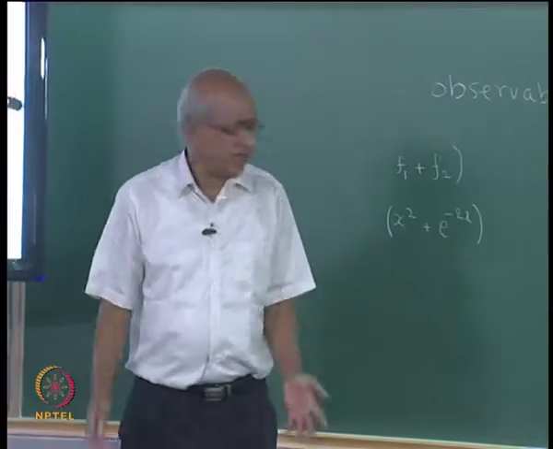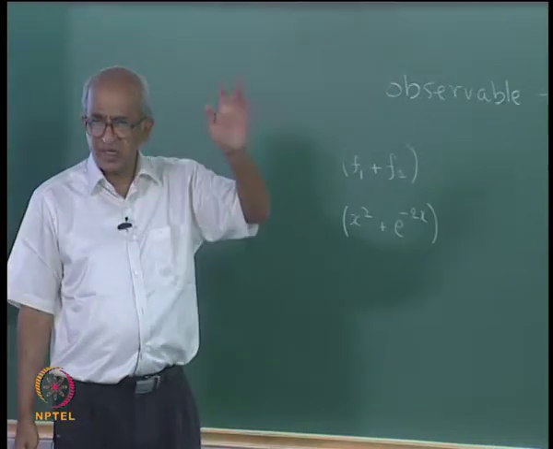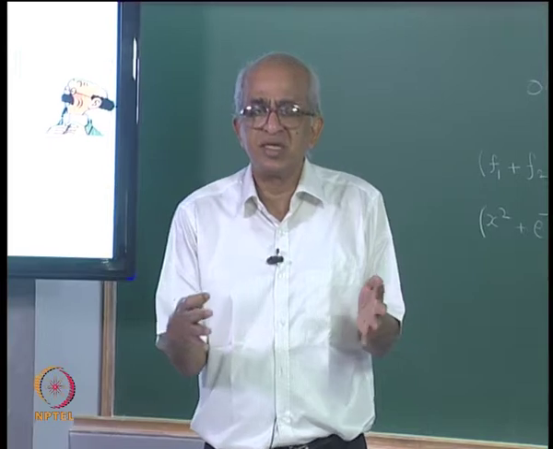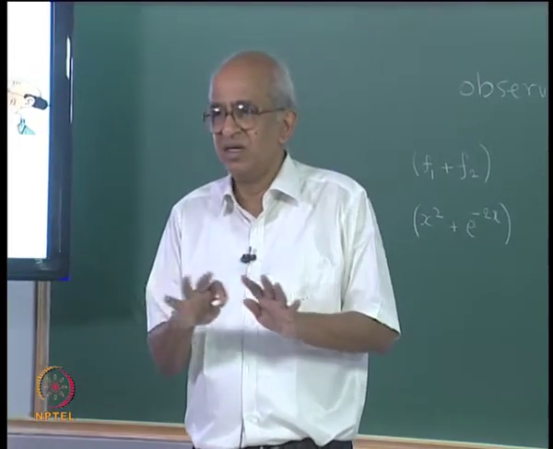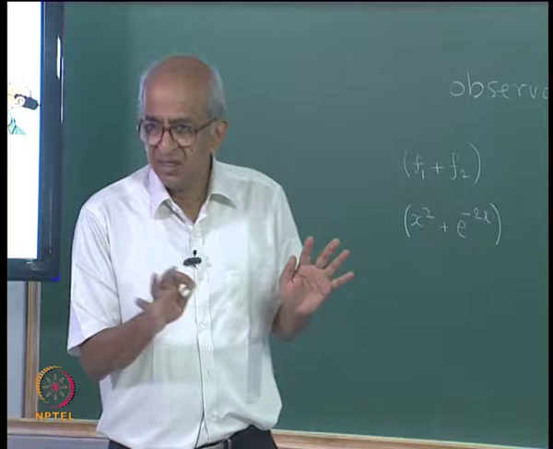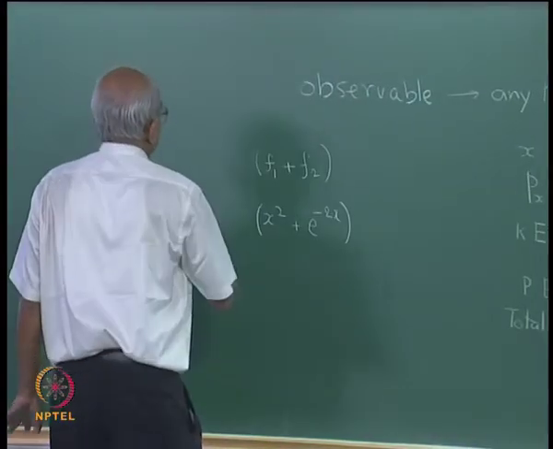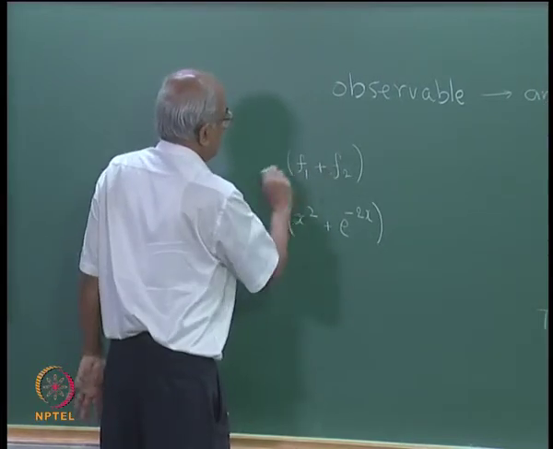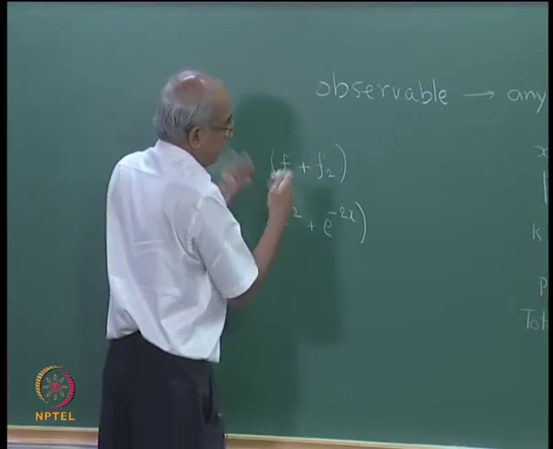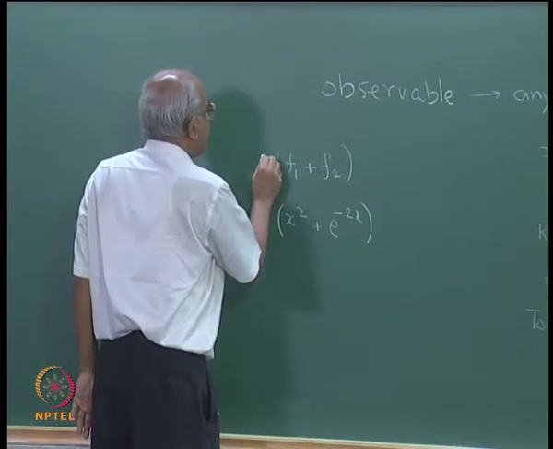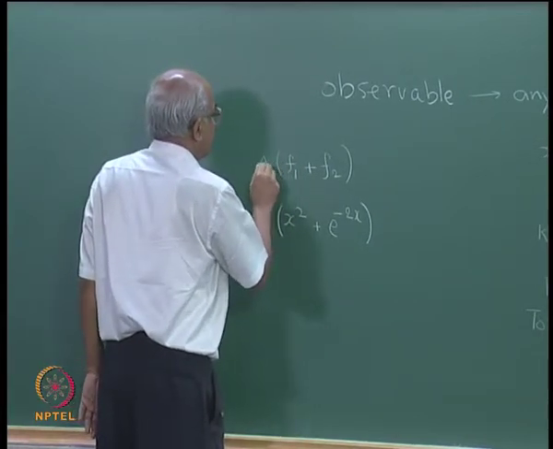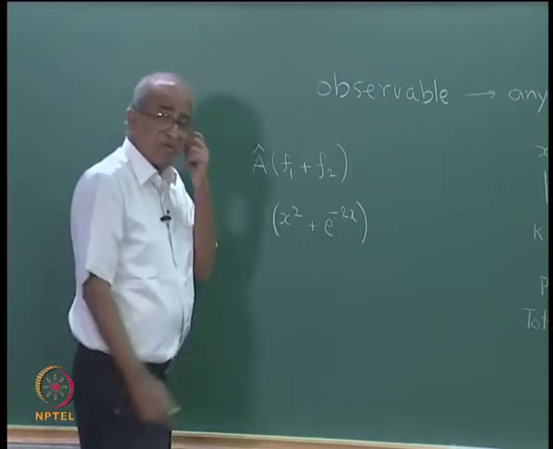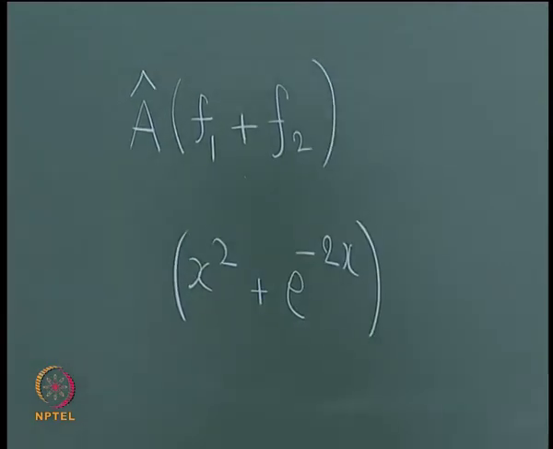They do not have to be these; f1 and f2 may be anything, although because we are doing quantum mechanics, we will usually impose the condition that f1 and f2 are acceptable wave functions. That is what we will do later, but for the sake of definitions, f1 and f2 can be anything, and imagine that I have an operator A acting on the sum of f1 and f2.